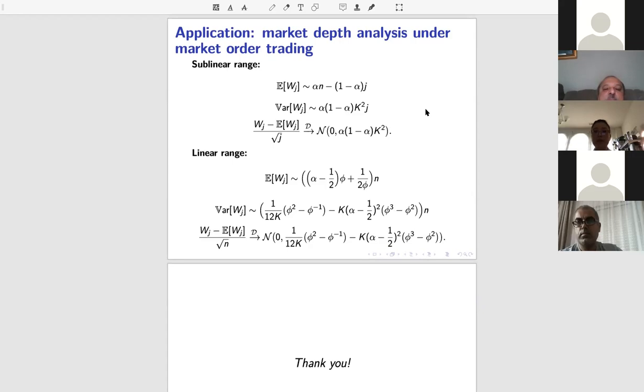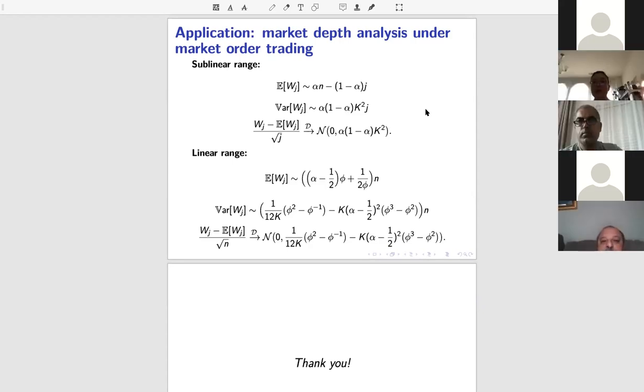And from these results, we see that the dynamics of W_J, which is the dynamics of the market depth, is actually an interplay of different factors. So we have alpha in the formulas, which represents the strength of the buying and the selling side in the market. And we have K, which we can interpret as a factor that represents the liquidity in the market.